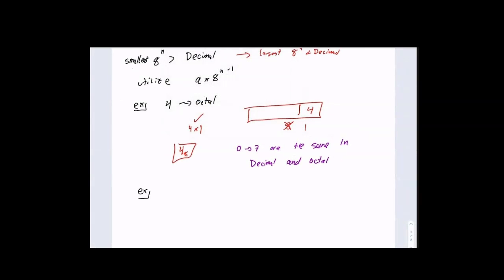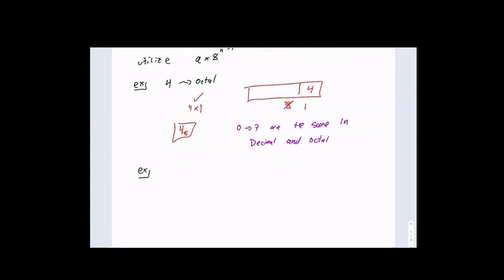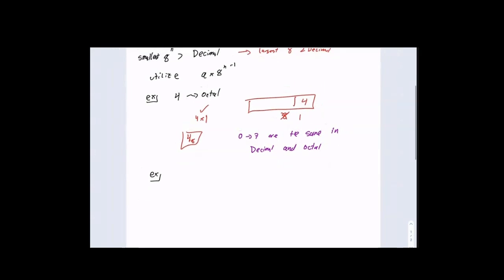Let's get a number that we actually have to do this type of work on though. So now give me a 2-digit number. 17. And we want to change that into octal. So I'm going to make my table. I'm going to list out the numbers backwards. 1. Are we going to utilize 1?